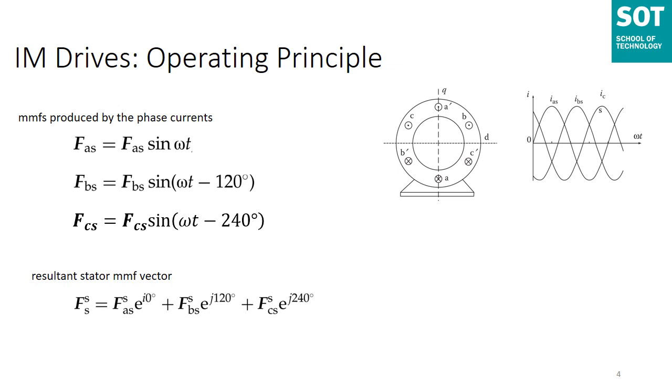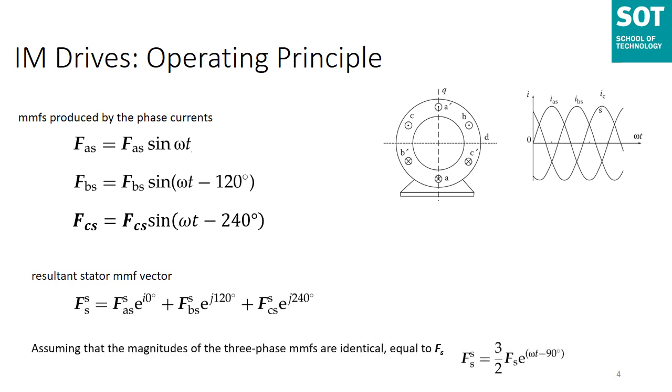Then the resultant vector due to the three phases, which are spatially distributed 120 degrees apart, you get the expressions as given. Assuming that the magnitudes of the three-phase MMFs are identical, we get an expression as 3/2 Fs e^(j(omega t - 90 degrees)).